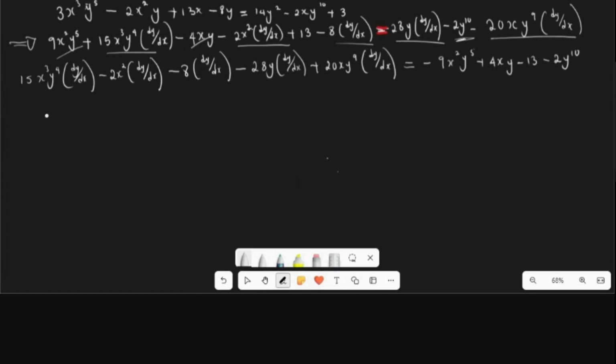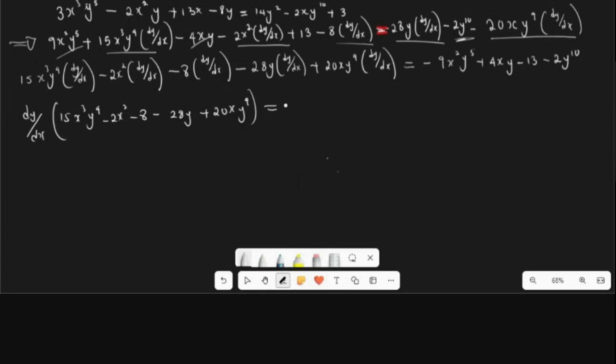So let's factor out. We have dy over our wonderful dx, open a parenthesis, 15x cubed y to the power 4 minus 2x squared minus 8 minus 28y plus 20xy to the power of 9, close the parenthesis, is equal to, let's rearrange this.